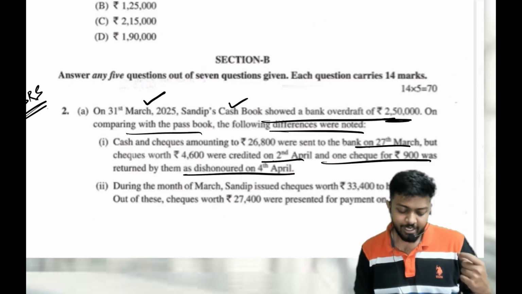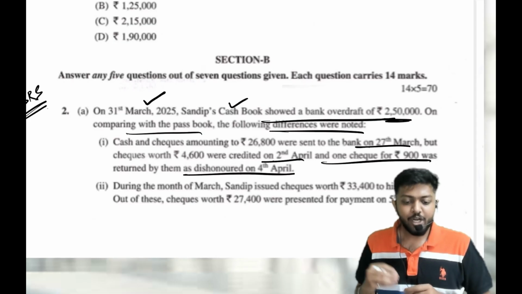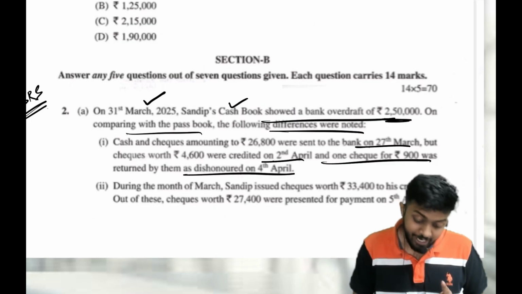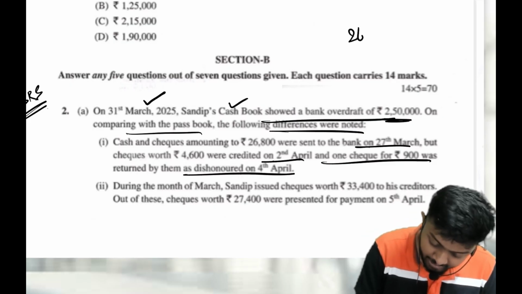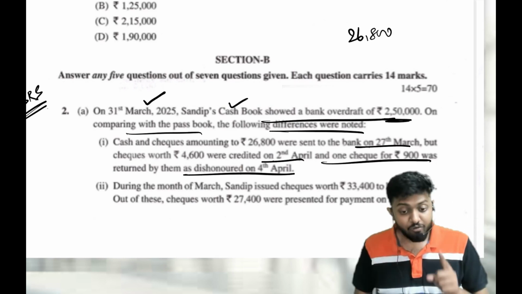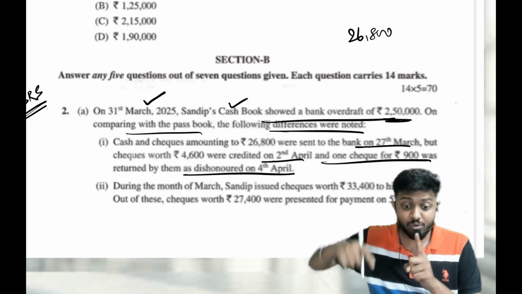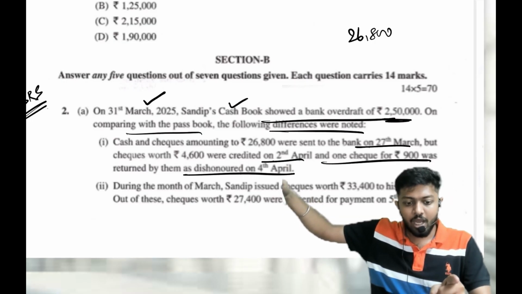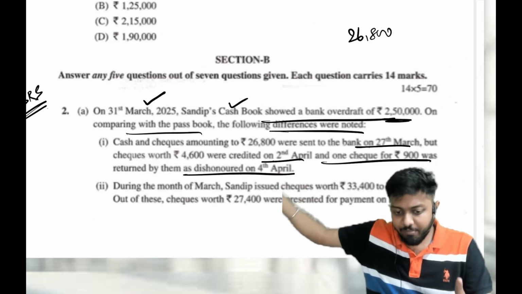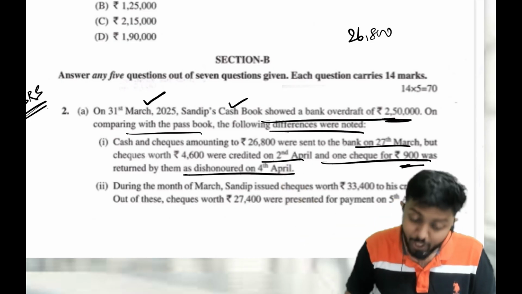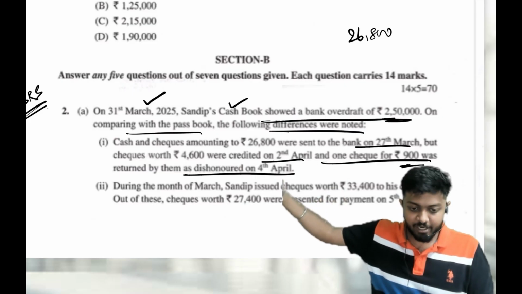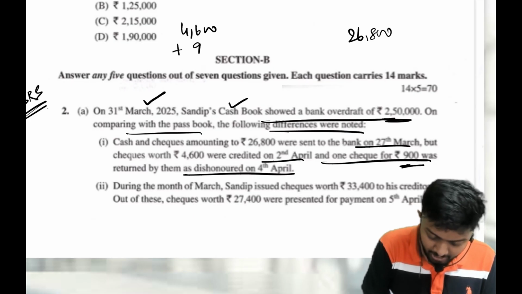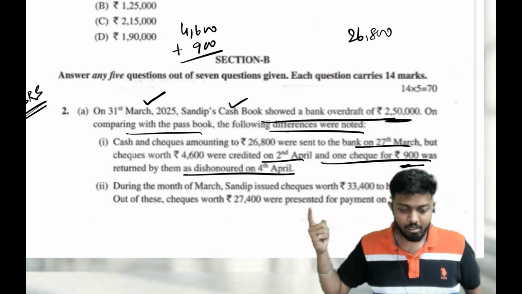You had sent some cheques to the bank on 27th March, 26,800 worth of cheques. Out of that, 4,600 worth of cheques was credited after the BRS ending period. BRS ending period is 31st March. 4,600 came after the BRS ending period. 900 also I came to know after the BRS period. So 4,600 later, 900 also later I came to know.